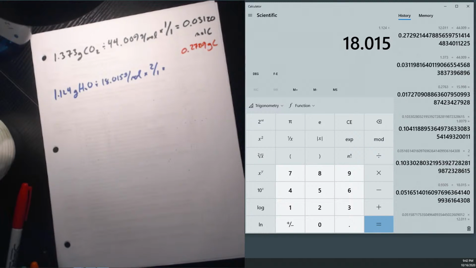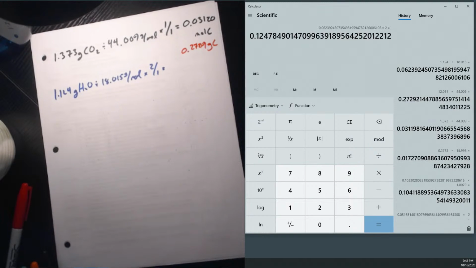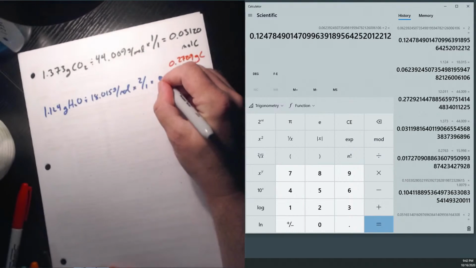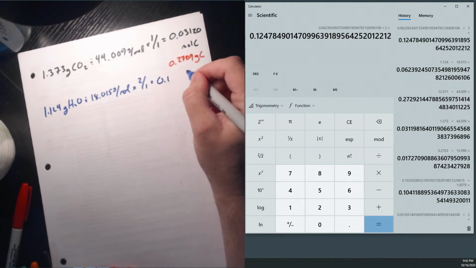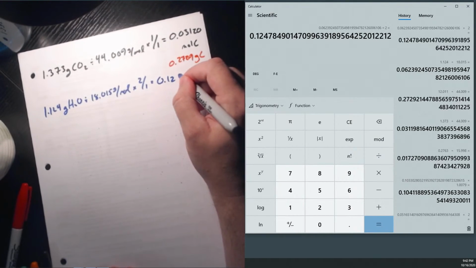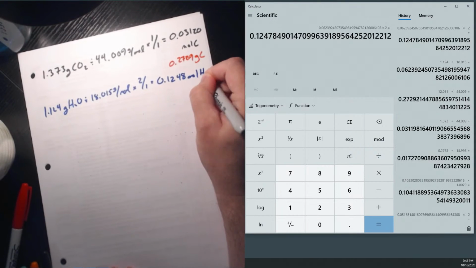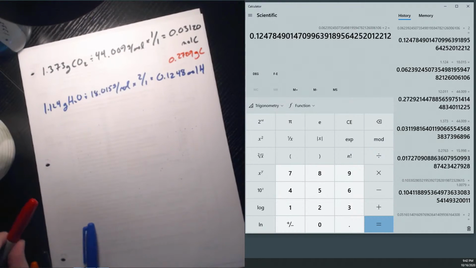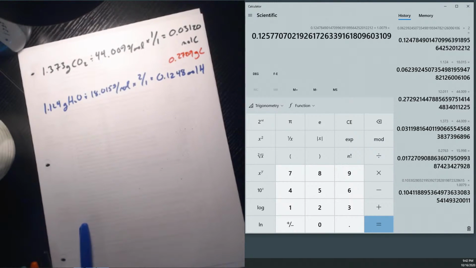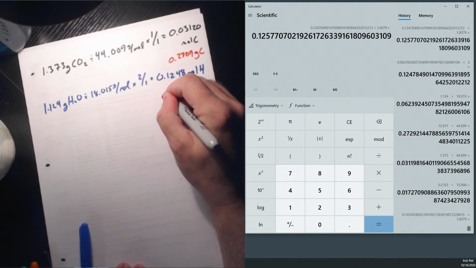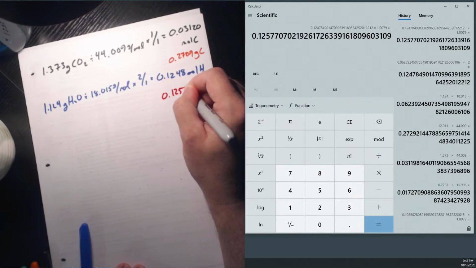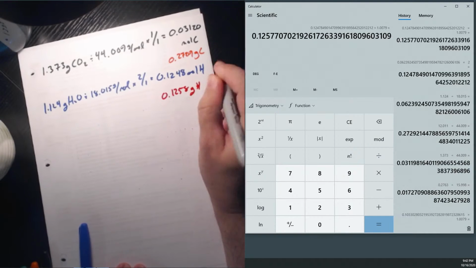They will be deeply, deeply ashamed of you. Giving us 0.1248 moles of hydrogen. And again, being cautious, times 1.0079 is 0.1258 grams of hydrogen.